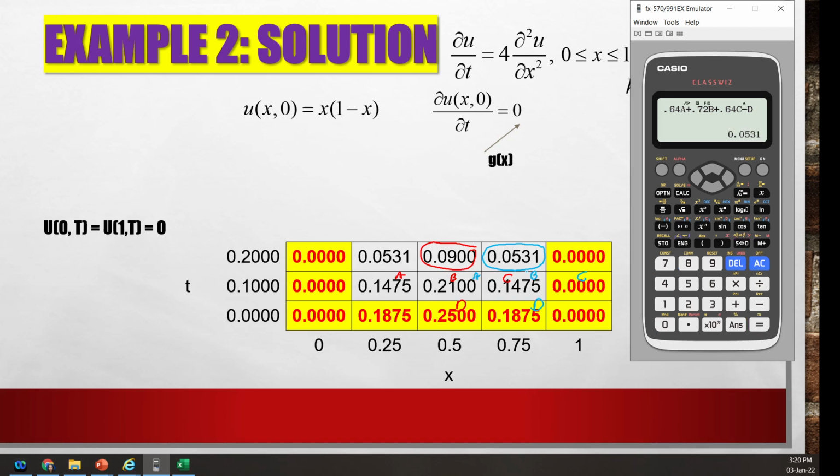So you get 0.0531. So this is manually using the normal calculate menu. Here 1, 2, 3, 4, 5 columns.